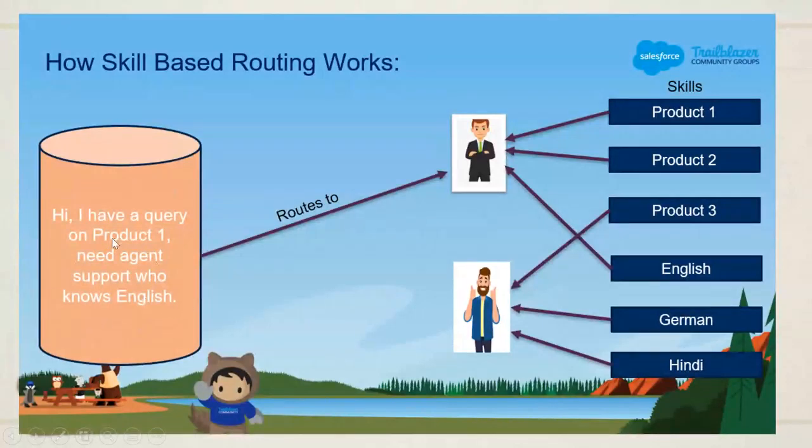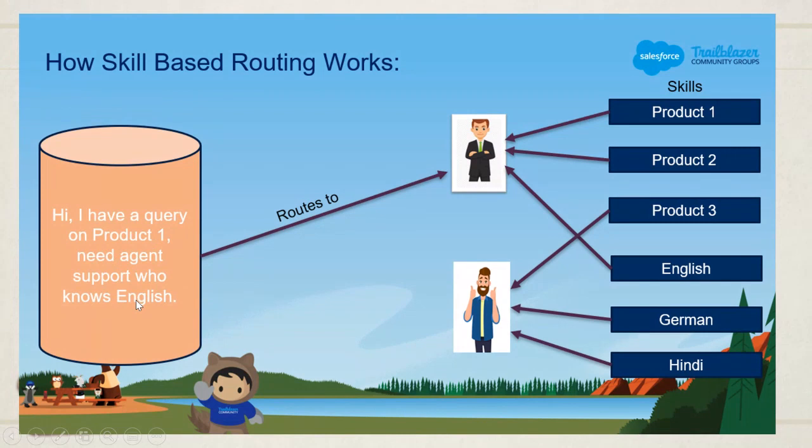So when a case has been created, say I have a query on product 1 and need agent support who knows English, skill-based routing looks at the subject of the case. It basically notes the words of the subject and assigns the cases accordingly. Here I can see product 1 and English.